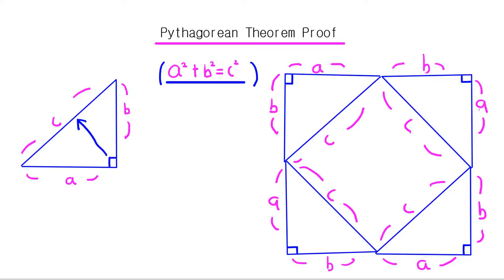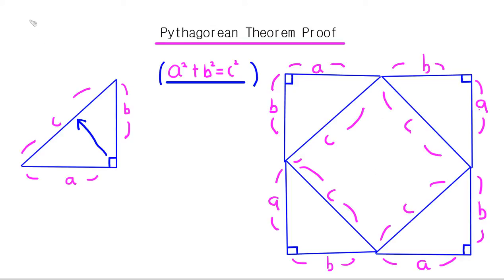The thing that I did here is that we take our right triangle like this, and we kept rotating it around, and we made a big square. We can use this to prove the Pythagorean theorem. The thing that we did is just rotate.